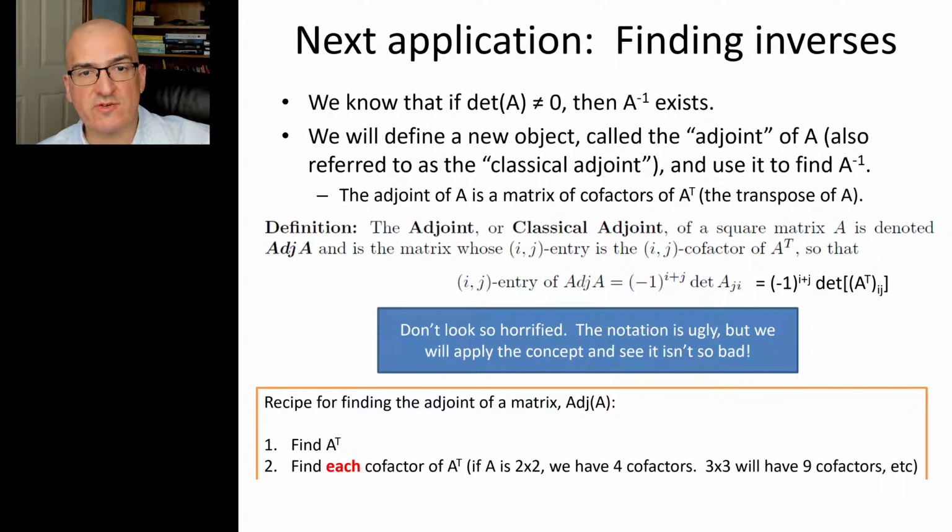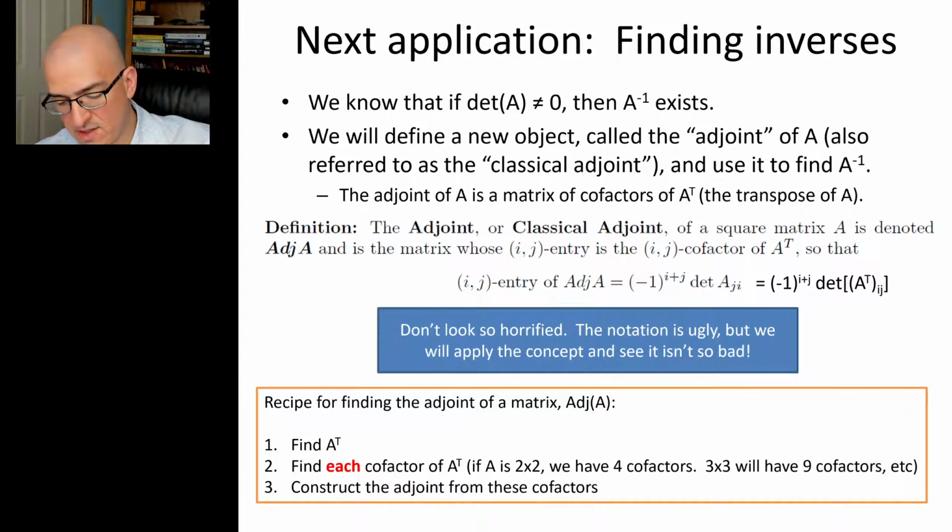A 3 by 3 matrix has 9 entries, each with a cofactor, so 9 cofactor calculations. For a 4 by 4, 16 cofactor calculations. Then we just put them all together, so the ij cofactor of the transpose becomes the ij entry of the adjoint of A.